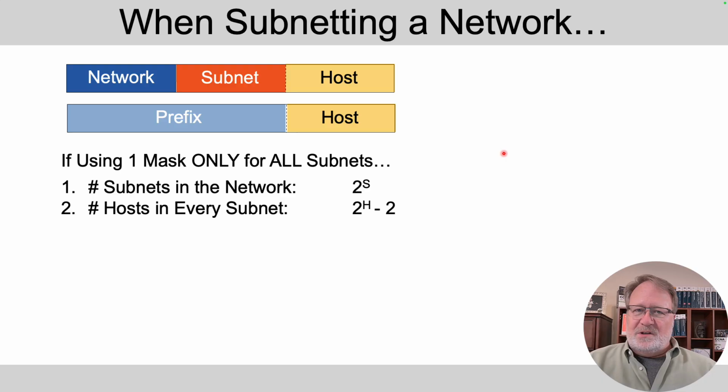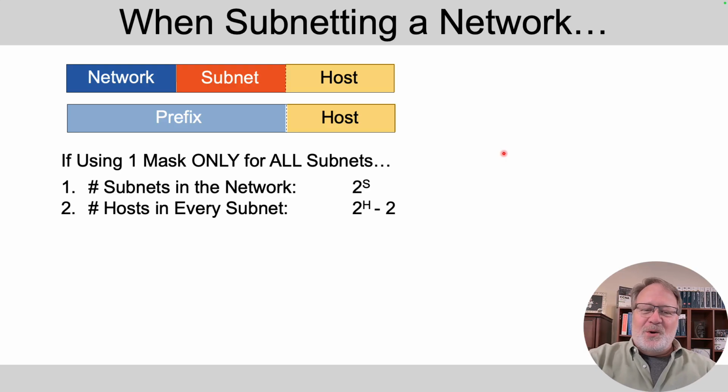You're not as wasteful of addresses, but it means the people using the network have to be better at subnetting math on a day-to-day basis. It's more complex. So sometimes people do like I showed in that previous example, where it's only mask slash 24 in all subnets and it's just easier to operate. All right. So in the rest of this video, I'm going to assume one mask for all subnets just so we can talk about that angle on things.